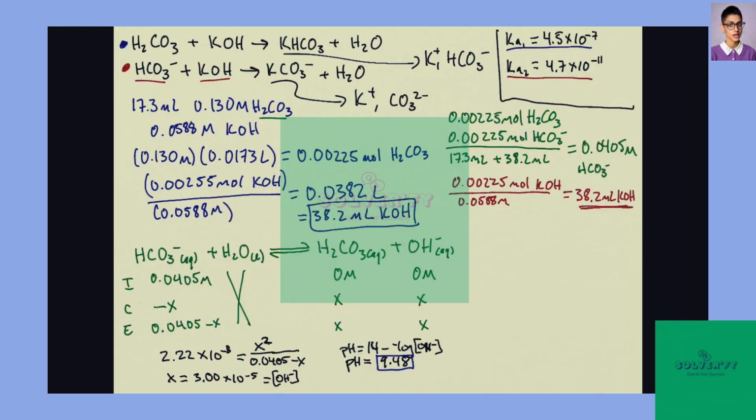So this is the volume of KOH we'll need to add to the titration after reaching the first equivalence point. So if we want a total volume of KOH, then we need to add from the very beginning to get to the second equivalence point. It will be the addition between both of these, and we get a total volume of 76.4 milliliters of KOH.